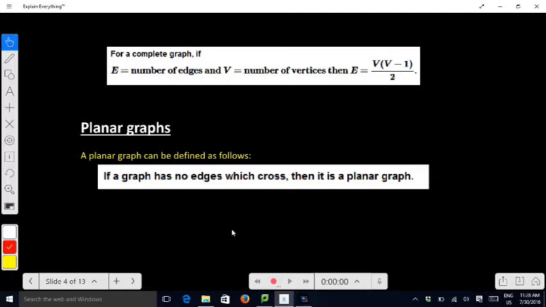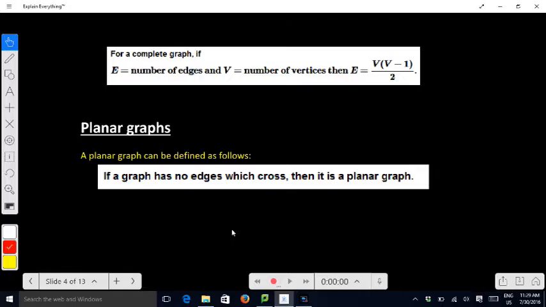For a complete graph, as we had a look at in the last video, E is what we label as our edges, and the number of vertices is V, capital V. So for a complete graph, if E equals the number of edges and V equals the number of vertices, we've got this formula: V times V take 1, over 2.